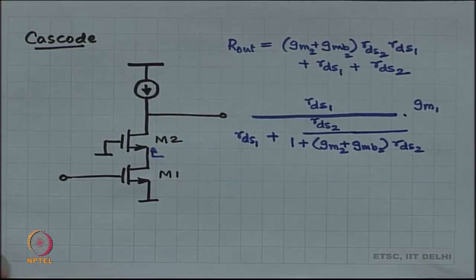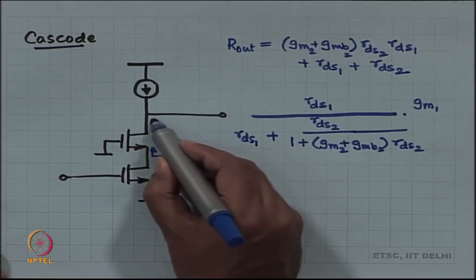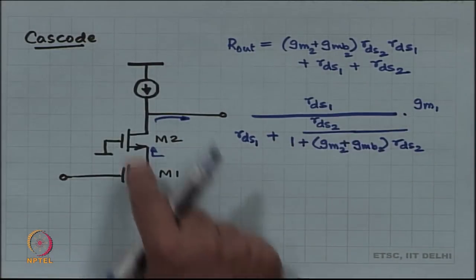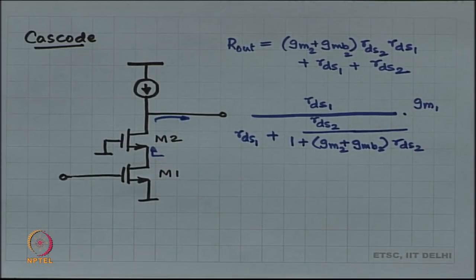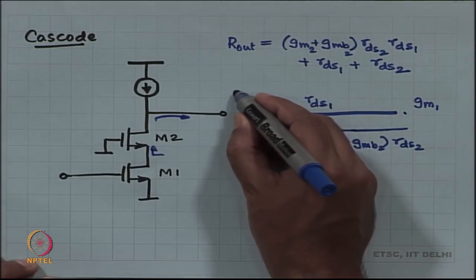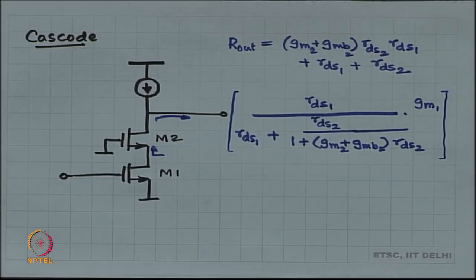This entire current is going to now go into the short circuit. Whatever current came, that entire current will now go into the short circuit. So, this is my short circuit transconductance. And see, I am writing this huge massive expression just by inspection.